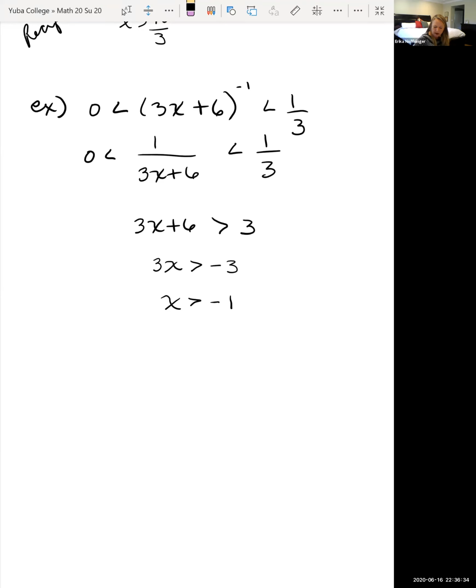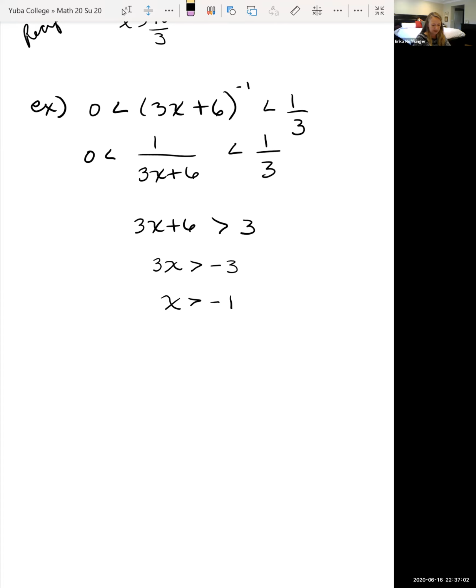I'm seeing a lot of things here. Negative 1: if I plug in negative 1, is that going to make this a positive number? Yes. Plugging in negative 1 for x is still a true statement, because 3 times negative 1 is negative 3, plus 6, gives me 1/3. But 1/3 is not strictly less than 1/3.